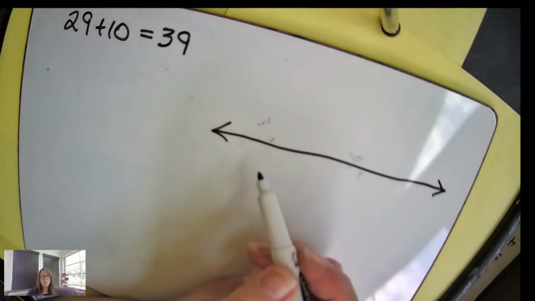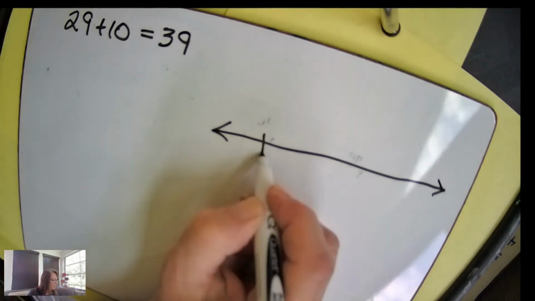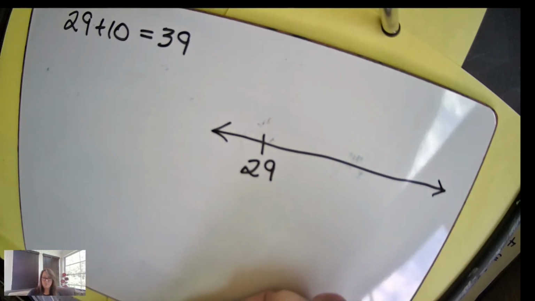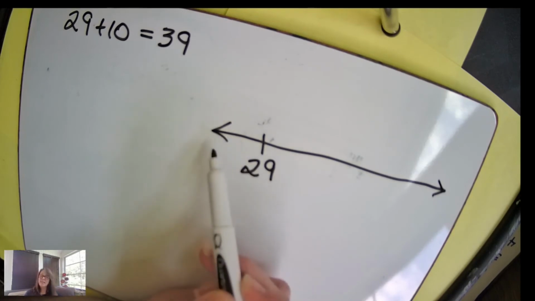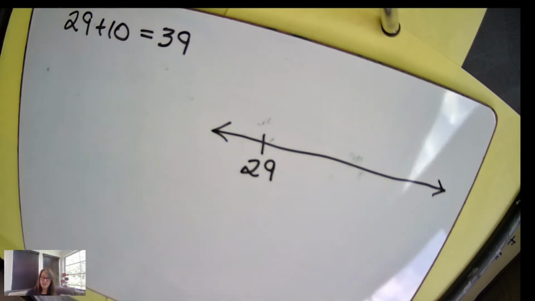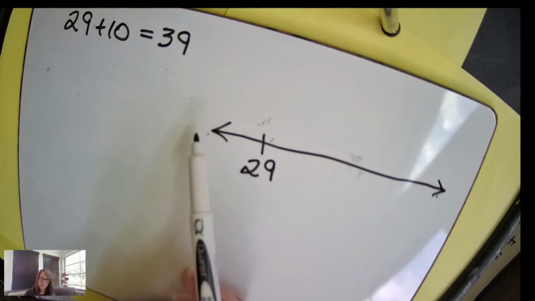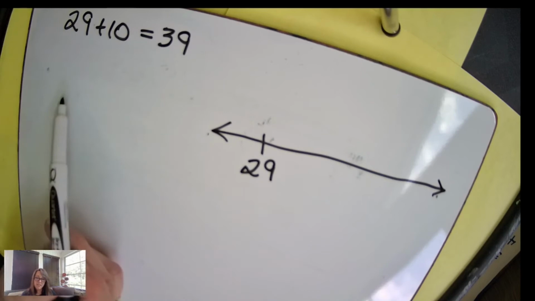Okay, so when he was thinking about a number line, he thought about a number line with the number 29 on it. So, boys and girls, when I want to draw a number line for myself, I might call it an open number line. The little arrows on each end of this number line mean that the numbers on this number line could continue to go on and on and on this direction.